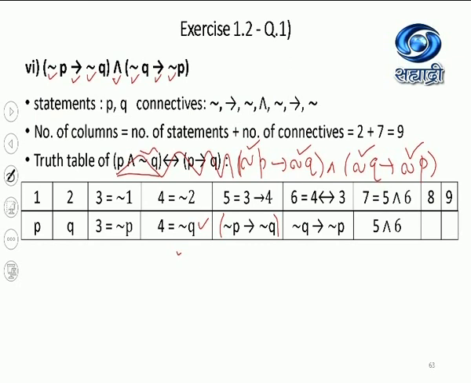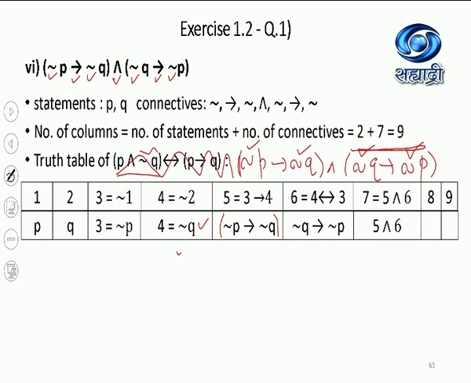So actually my truth table will have only 7 columns, and the 6th column will now go for this round bracket, negation Q implies negation P, and the last column 7 in this case will be for this entire statement pattern. See, I have drawn the 8th and the 9th column, but I am keeping them empty. Why?